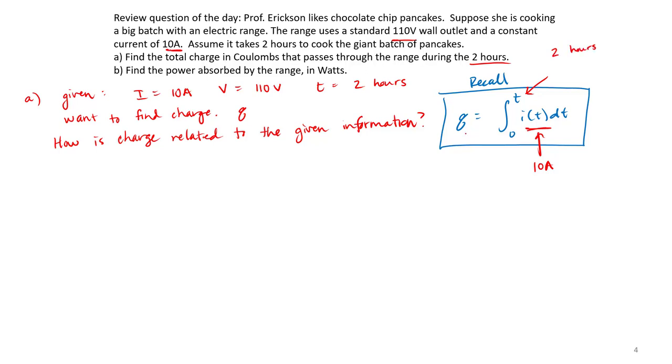But be careful, because remember, amps are in coulombs per second. So we need to change 2 hours to 7,200 seconds, because remember, 1 hour is 3,600 seconds. So we need to convert. Be very careful about those unit errors.